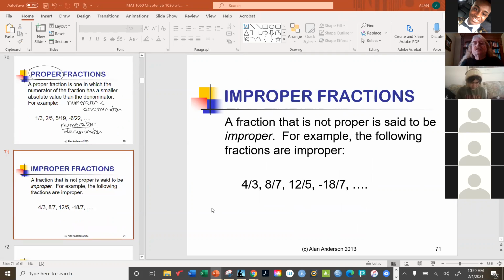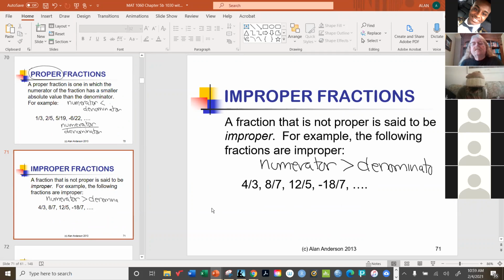So here the numerator is greater than the denominator. And that's all that we need to know. So all fractions have to fall in one of those two categories. If they were equal to each other, then this would just reduce to an integer, and then they would not be considered fractions. So it's only either numerator greater than denominator or less than. That's all we have to choose from.